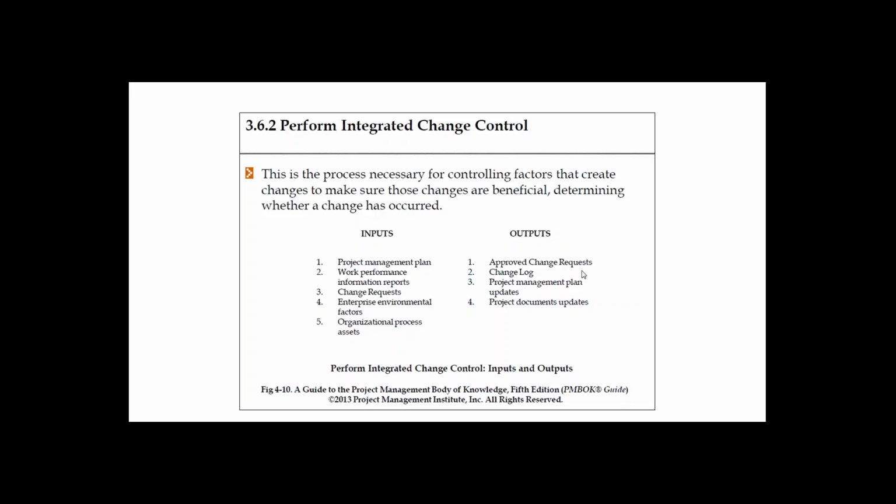And then the outputs: approved change requests. The output of perform integrated change control is approved, meaning your change request has been reviewed and approved. And then you have the change log, project management plan updates, and project document updates.